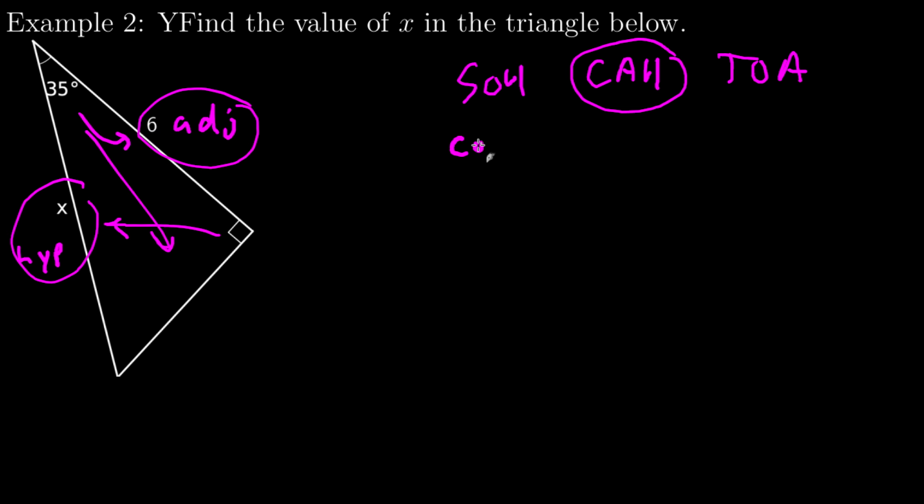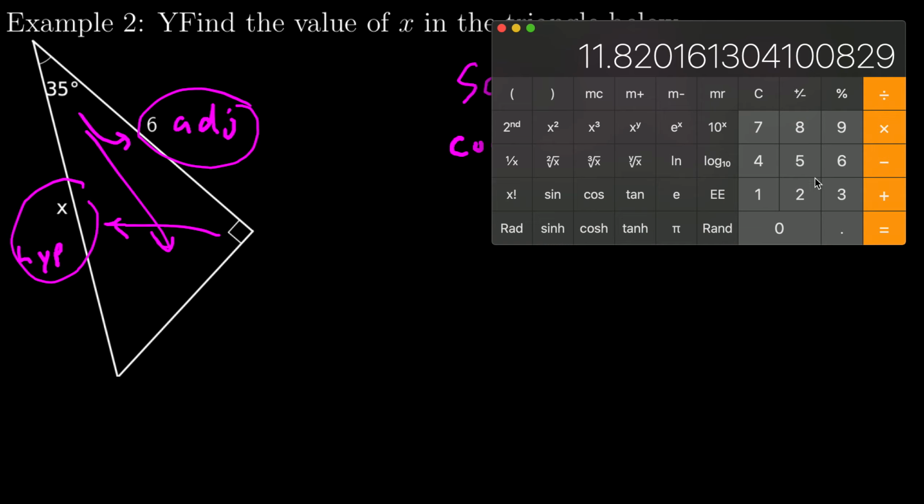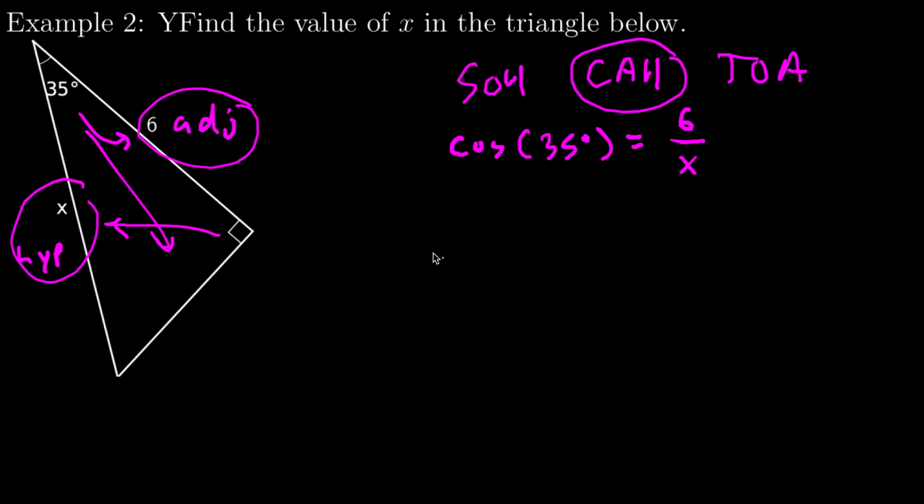I set up the cosine of my angle, 35 degrees, is equal to adjacent over hypotenuse, 6 over x. I go to my calculator and find the cosine of 35 degrees, 0.81915.